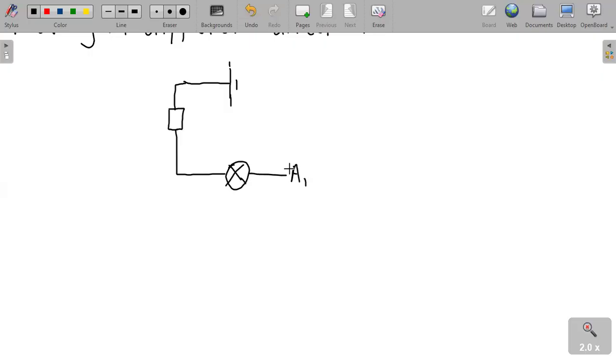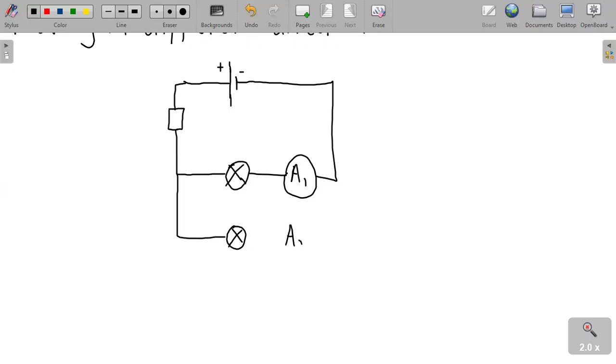You can call it A1. And then the wire goes back to the negative terminal. So you have a positive terminal and a negative terminal. Then we have A1 and A2.